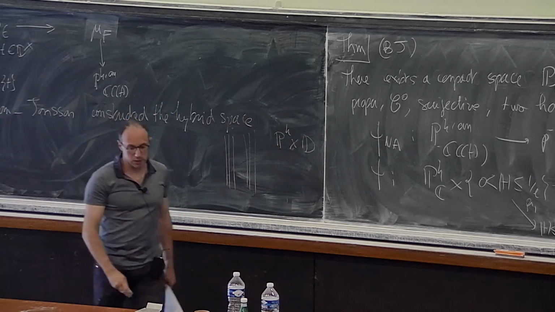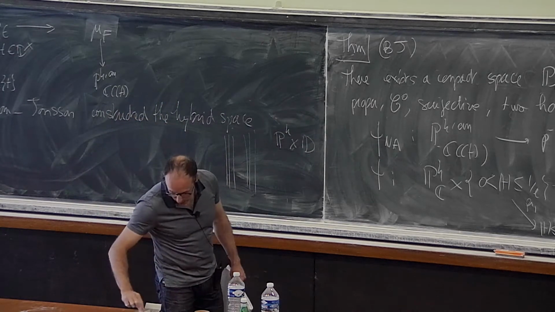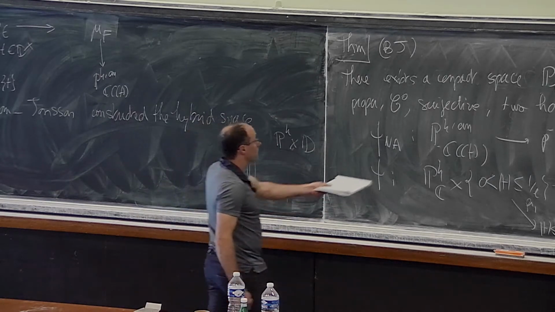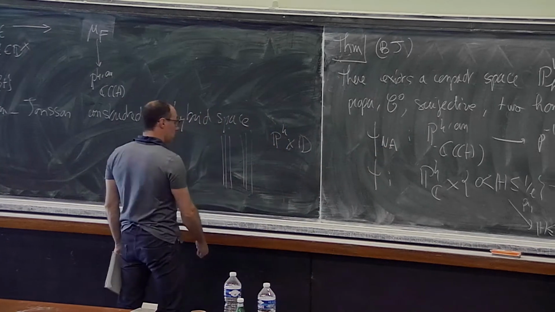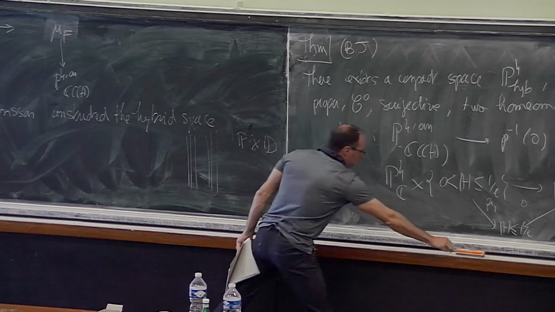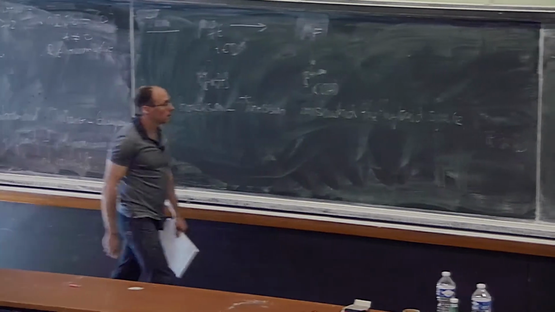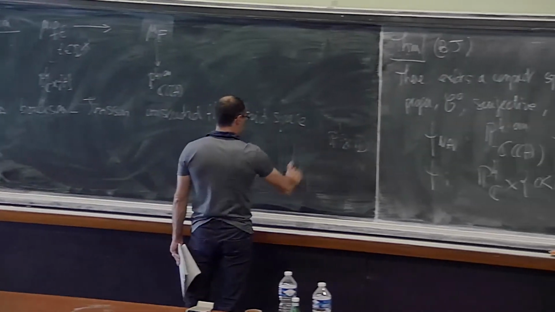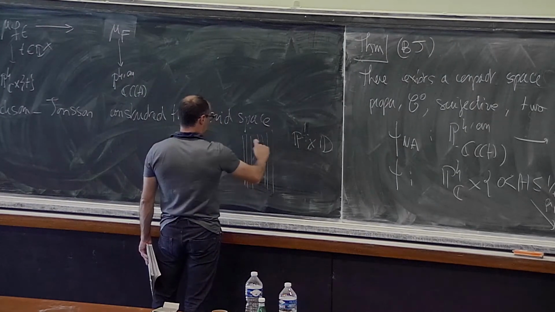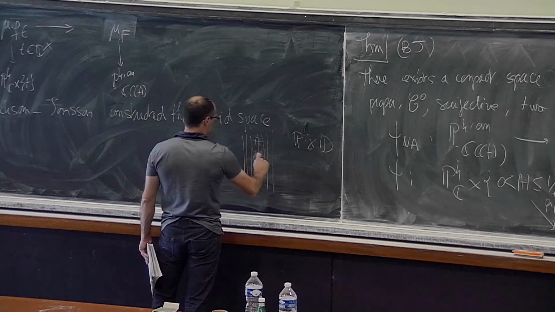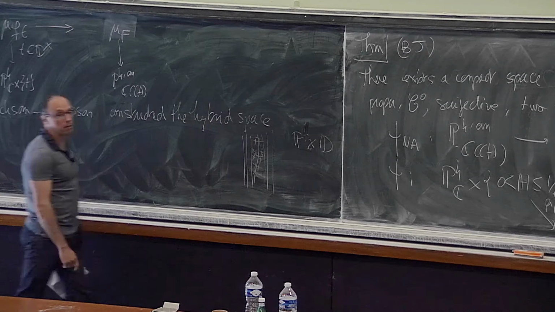Then you remove the central fiber, and you replace the central fiber by this Berkovich analytic space. When k is equal to 1, this Berkovich analytic space is basically a tree, a very hairy tree, non-metrizable. So you get some object like this.